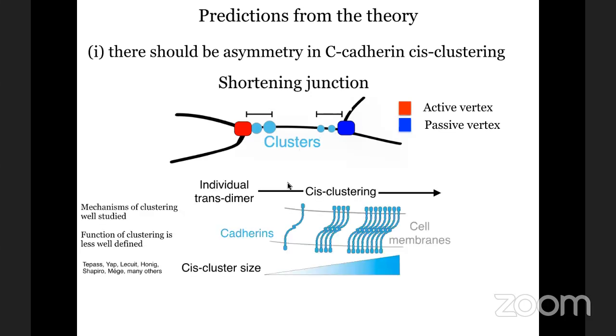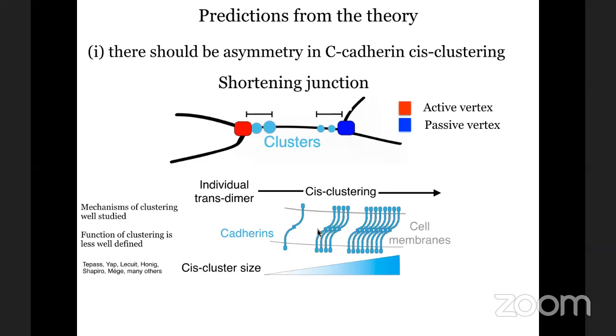Cadherin is a cell-cell adhesion molecule. Here is a single cadherin molecule, and this is a cartoon of two cell membranes. These single cadherin molecules jut across the membrane and then link to the cadherin molecule from other cells in order to mediate cell-cell adhesion. So this is an individual cadherin trans-dimer.